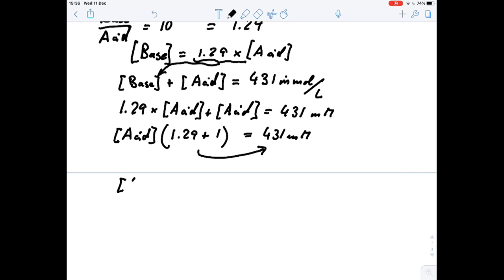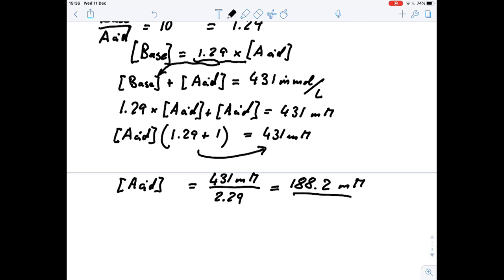So my acid concentration is 431 millimolar divided by 1.29 plus 1, that gives us 2.29. And if I put that in my calculator, I get roughly 188.2 millimolar. So that is my acid concentration.